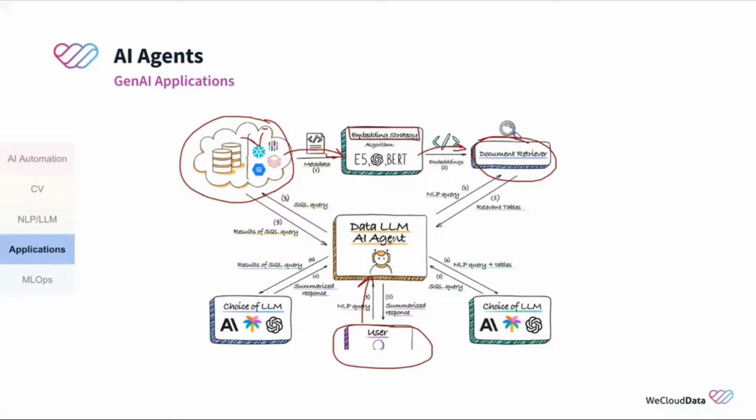And it's going to basically send that to the AI agent. The AI agent will need to decide, okay, what do we do here? There's a question, and then it decides that, okay, we are going to send this query to the document retriever, which is the vector database. First of all, it needs to parse or understand the question and figure out what tables we need to deal with.